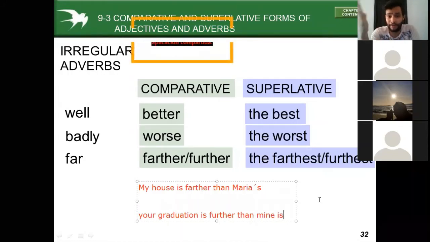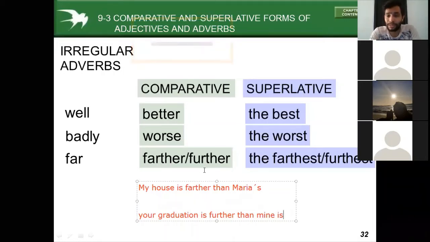Very good, right? So even though they are pretty much interchangeable, you can use farther or further for any reason. We normally use farther, right? We normally use farther to speak about distance, to speak about distance from one place to another.